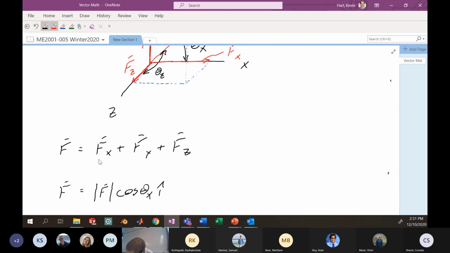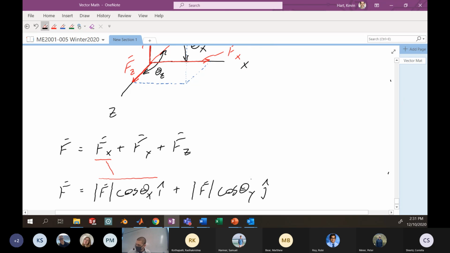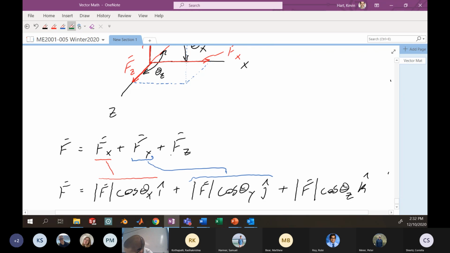That's your Fx. Adding to that, the magnitude of F times the cosine theta y, the angle between the force and the y-axis, and adding to this my z component in k hat.